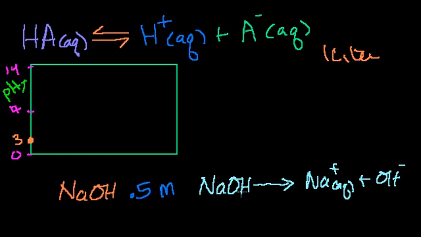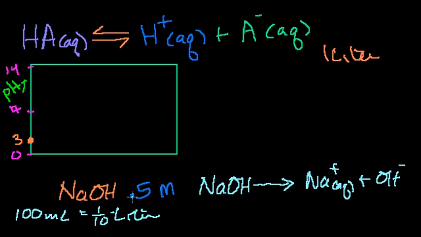So when you throw in, this is a 0.5 molar solution, so let's say you throw in 100 milliliters. That's equal to 1/10 of a liter. This 0.5 molar is its molarity.